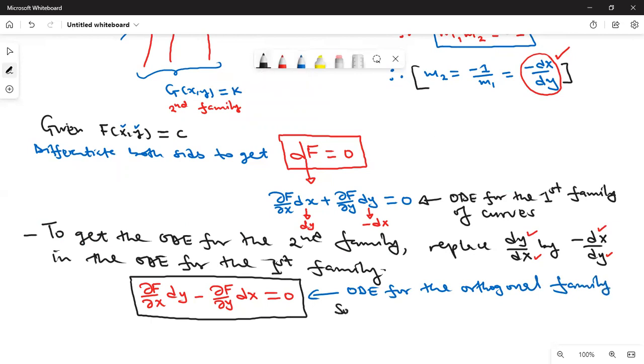Solve it to get g of x, y is equal to k. So that is the idea about orthogonal trajectories.